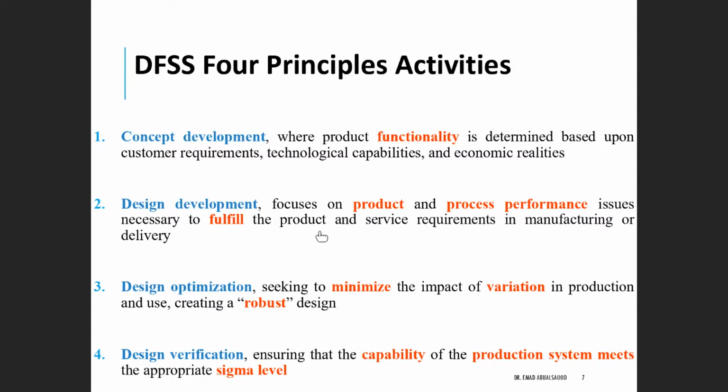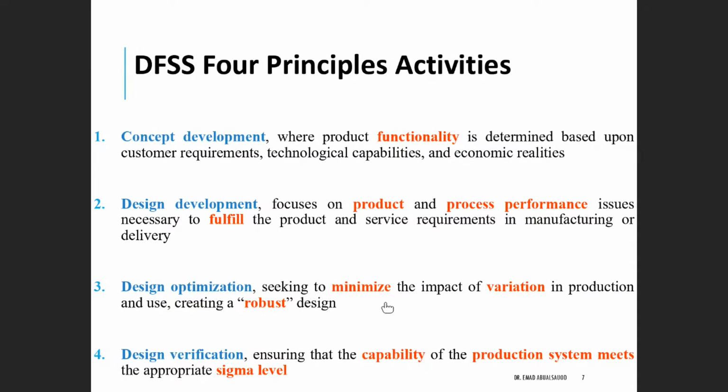And you have also the third step, which is related to the design, but here, after you develop the process and the issues related to that one, you come and resolve it and make sure that you are meeting the requirements, you come to the design optimization. In the design optimization, you minimize the impact of variation.